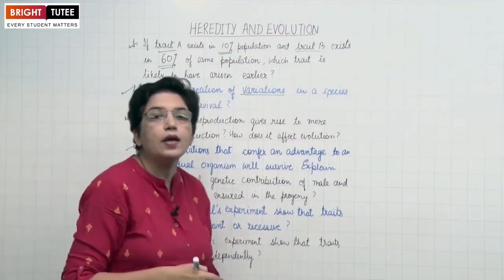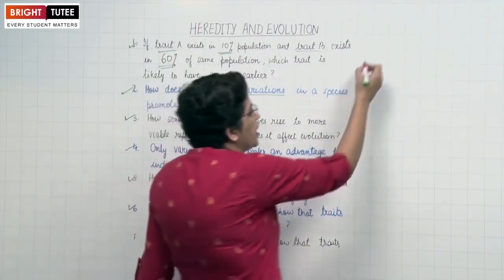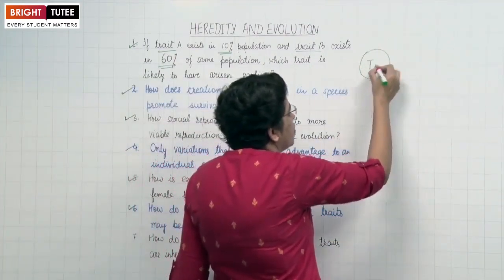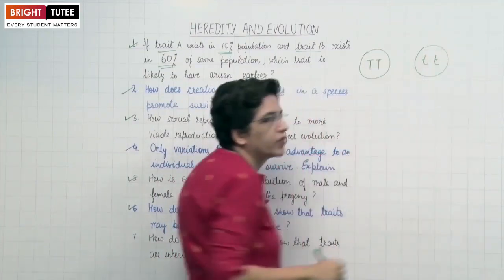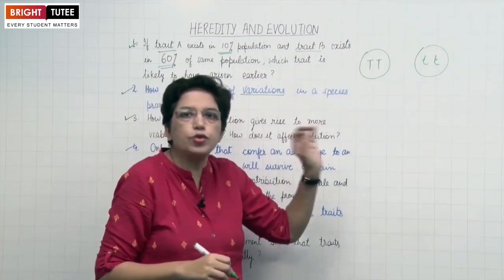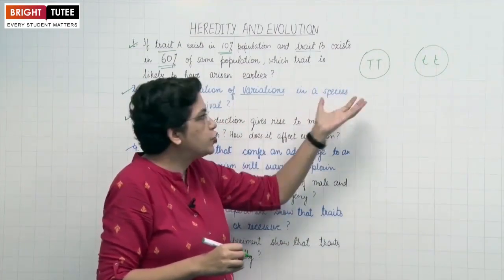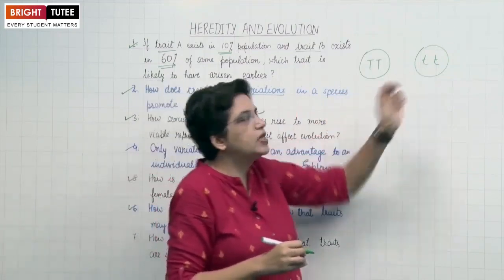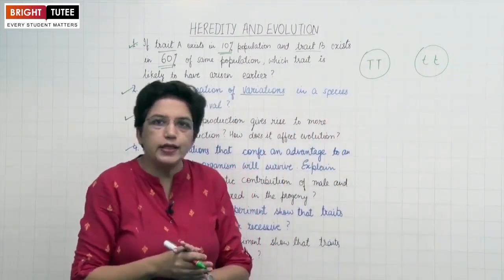This was shown by the monohybrid cross. For that, Mendel took pea plants. One was a pure tall plant, another was a pure dwarf plant. Capital T refers to the tall plant, a pair of genes for the trait that shows a tall plant, and this one is a dwarf plant, shown by a small letter t.